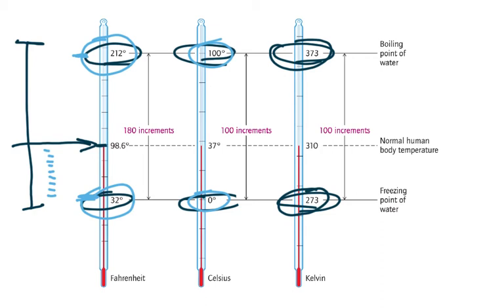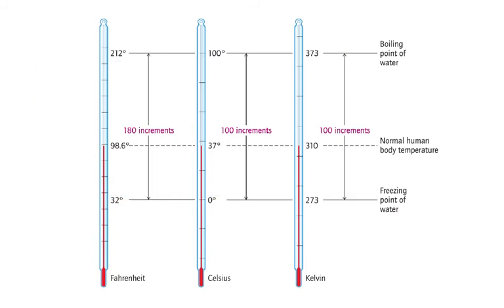All right. So just this alone would be enough to devise a conversion, right? And I want to give you a chance to think about this for yourself for a moment. So at 0 Celsius, we have 32 Fahrenheit. So there's some offset, right?